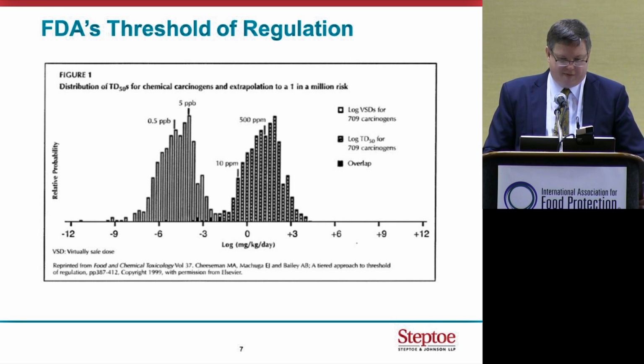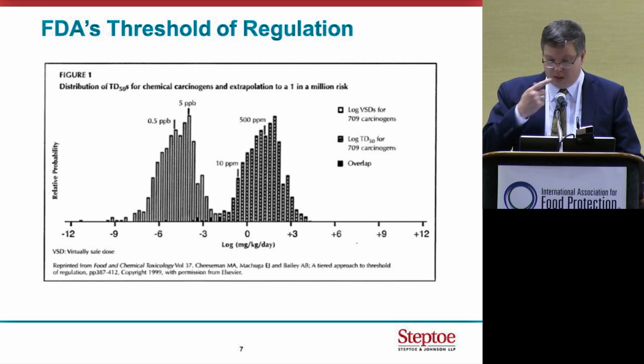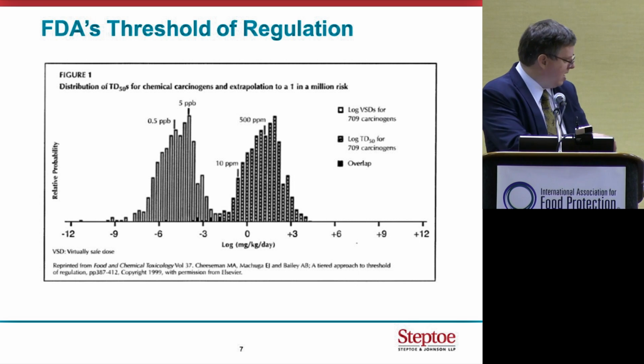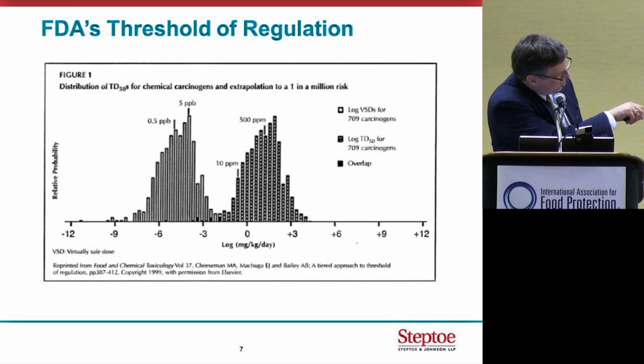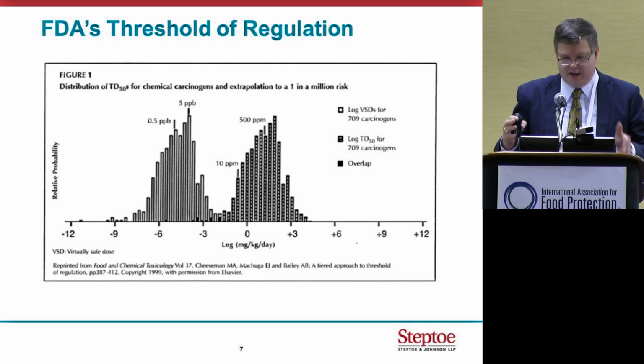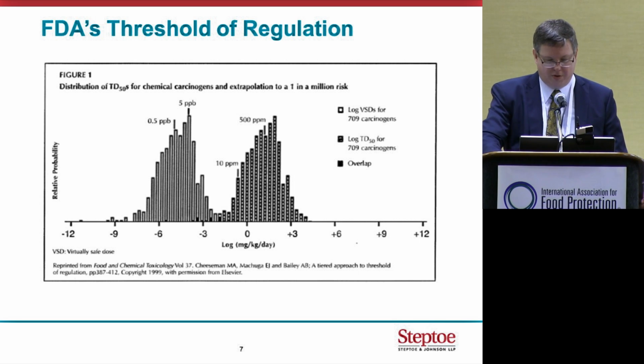And the left-hand graph is simply that plot transposed 6 orders of magnitude to the left to represent a graph of 1 in a million risk levels, or virtually safe doses. And we see this half a part per billion level. Okay. This half a part per billion level is roughly cutting the curve 1/3 and 2/3.